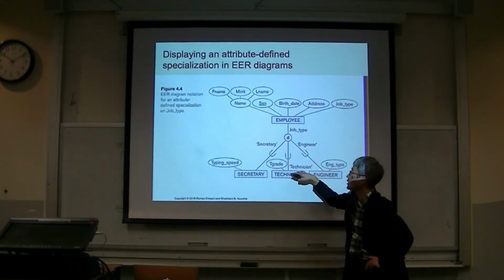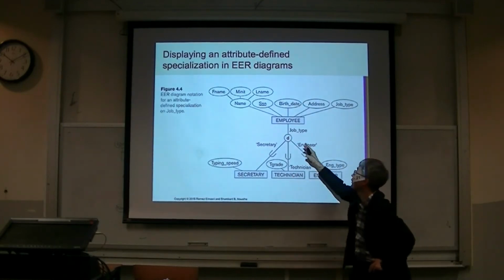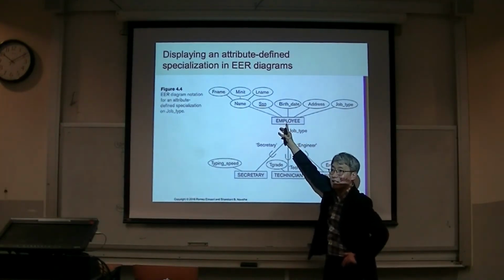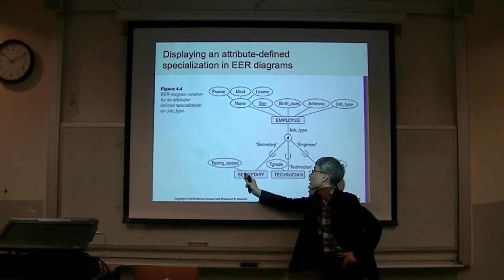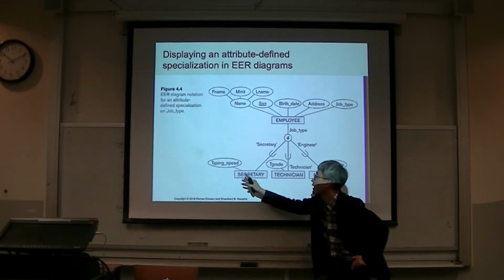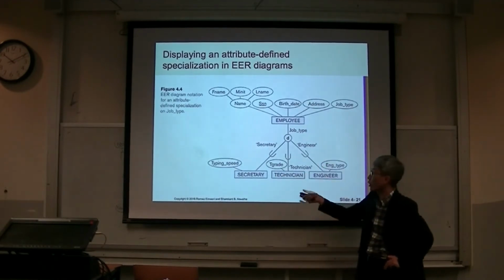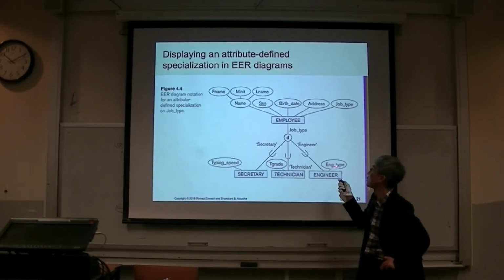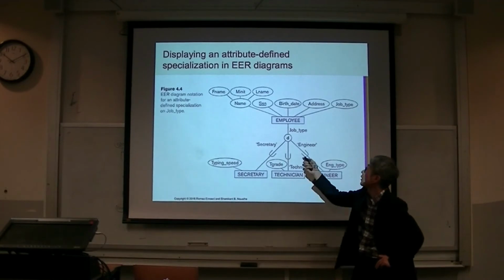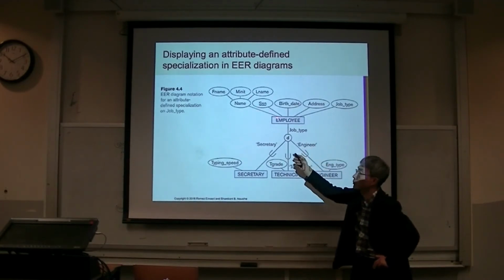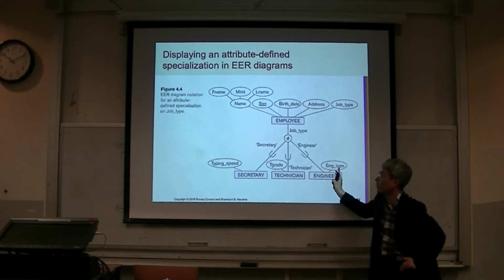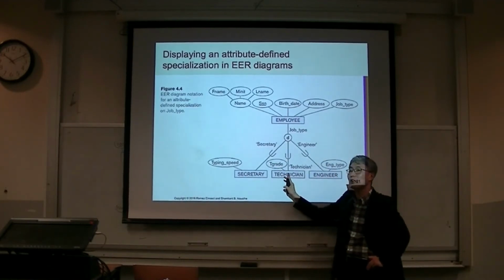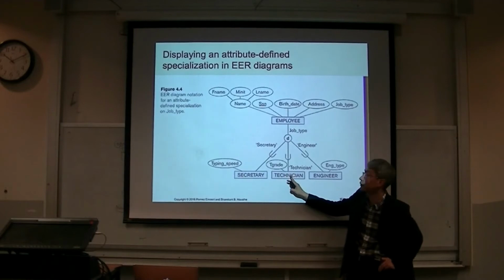So we call this a subclass, and this is a superclass. Then the superclass has the common information, and the subclass has its own attributes, like typing speed, technician grade, engineering type. Definitely, all characteristics of the superclass will be automatically inherited by the subclass. So the question is, what is the key of the technician?